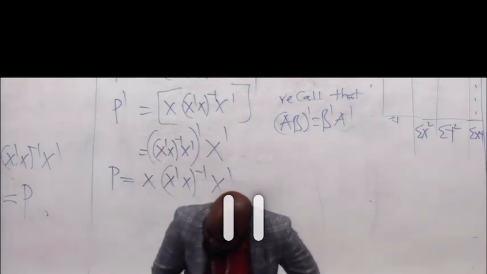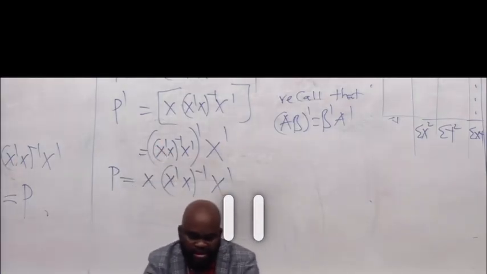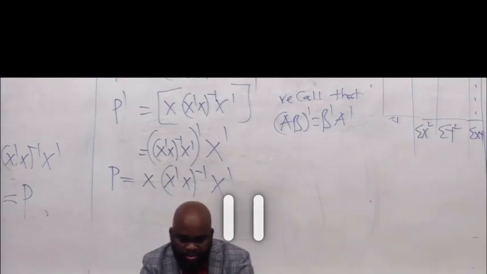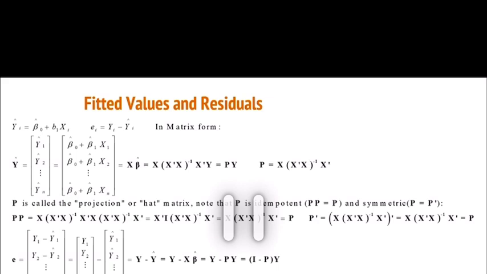Now let me tell you this. When these two properties hold, which is what I've already demonstrated here, that has implication on the error. If these two properties hold and I want to find the error, I told you the other time that error is going to be the actual minus predicted, right?